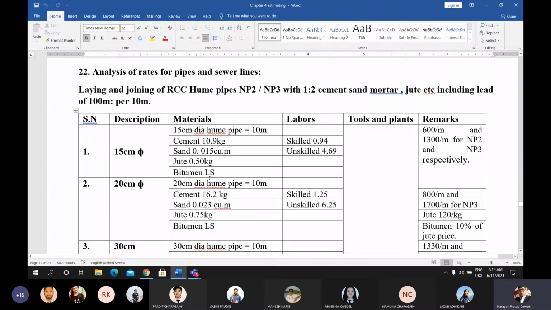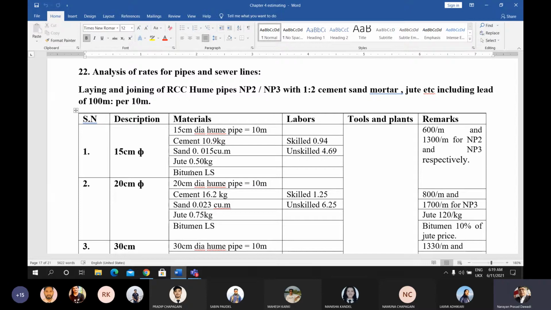And the bitumen is provided according to the jute as a lump sum. Okay, take 20% of jute's price for the bitumen, because the bitumen is used to provide the coating over the jute, which goes around the collar of the pipe, and that is inserted into the other collar of the pipe.